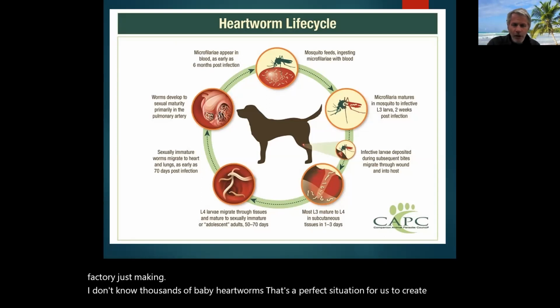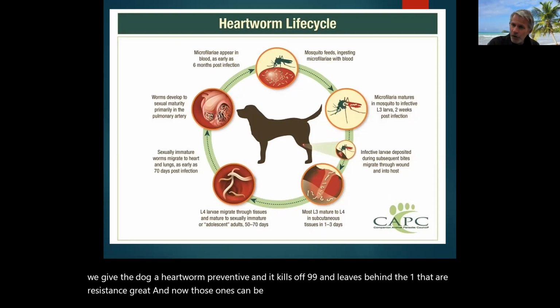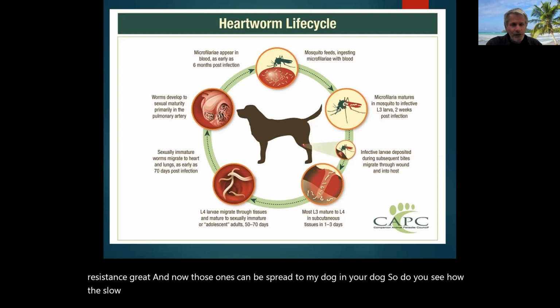We give the dog a heartworm preventive, and it kills off 99% and leaves behind the 1% that are resistant. Great. And now those ones can be spread to my dog and your dog. So do you see how the slow kill method is really bad. It really contributes to resistance.